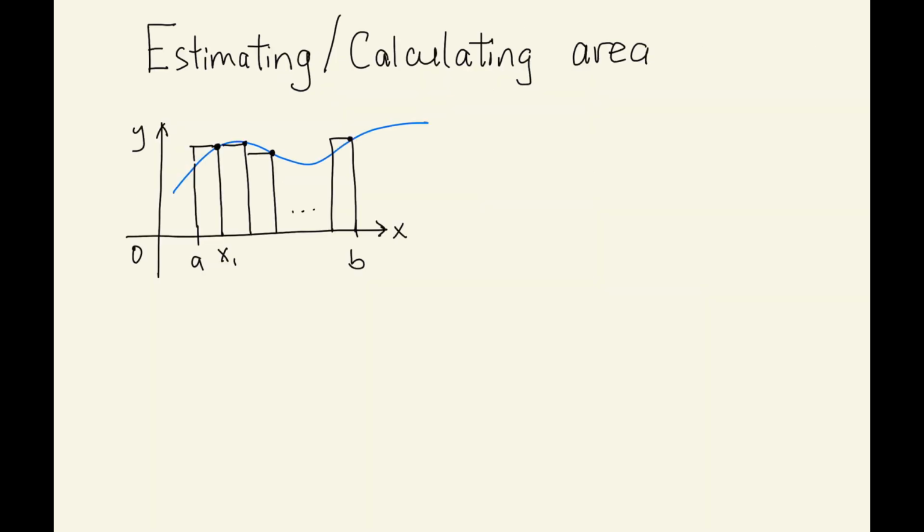So you might recall from the previous section that when we wanted to estimate or calculate the area under a curve f, and it did not have a nice shape like a triangle or a circle or a rectangle, what we did was use approximating rectangles to estimate the area, and we added up the areas of the rectangles, and then we took the limit as the number of rectangles n went to infinity, and that gave us an expression for the actual area.